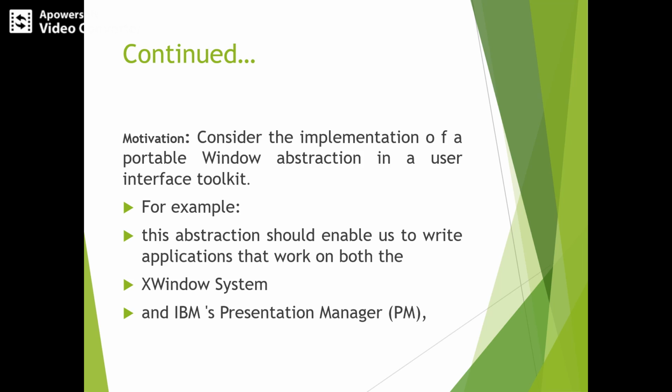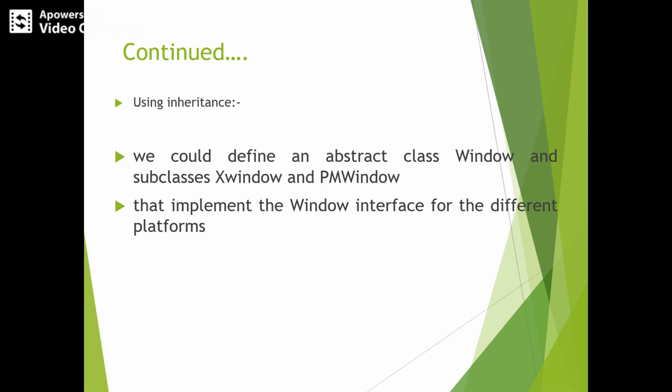Using inheritance in this case, we could define an abstract class Window and subclasses XWindow and PMWindow, which implement the window interface for the different platforms.